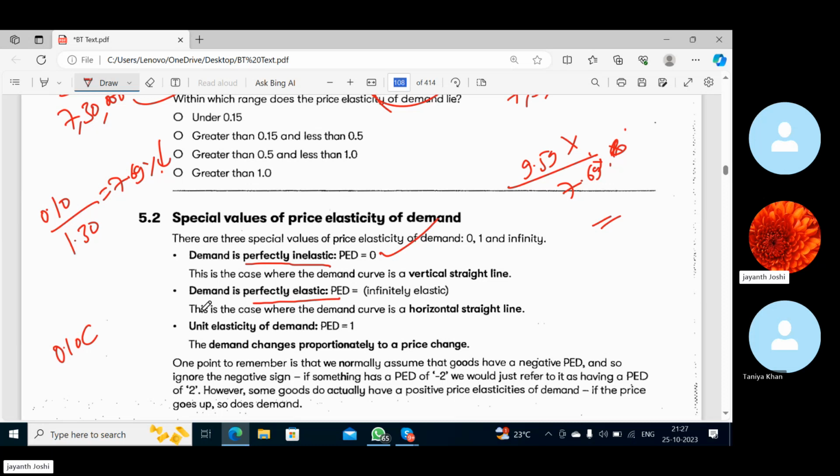Perfectly elastic: just a 10 cents change in price leads to a very high change in demand. That is perfectly elastic, also called infinitely elastic. If the change in price leads to an equivalent change in demand, it is unitary elastic.